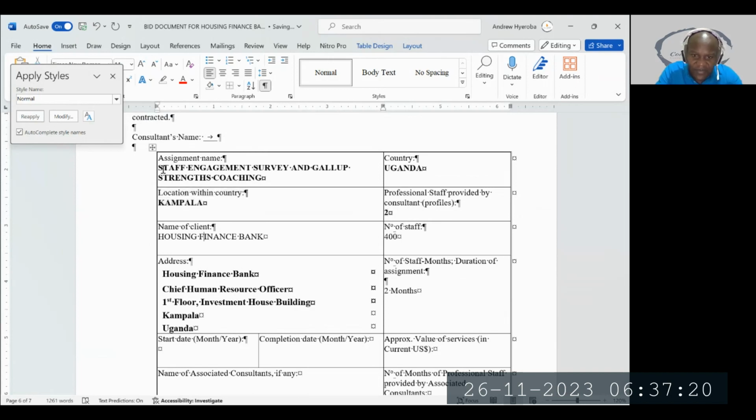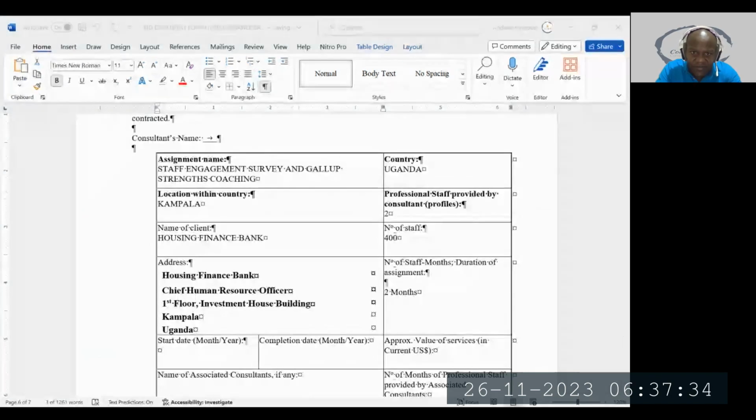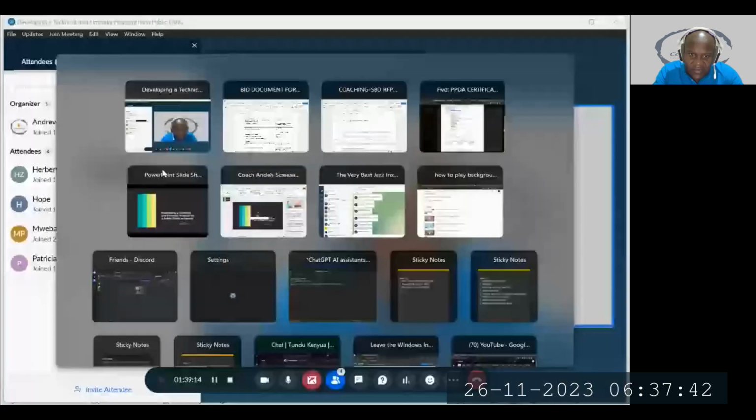I should have bolded the others instead. Okay, so anyone stuck so far? Because I'm working on one screen, I'm not looking at the questions, but yes, the questions are here. If you're stuck, you can shoot.